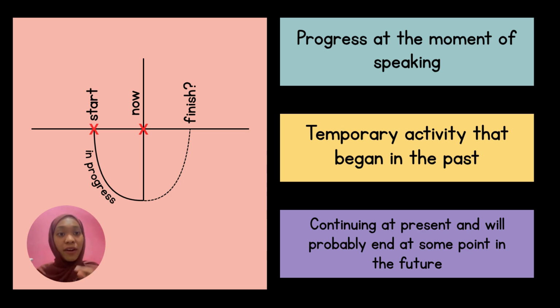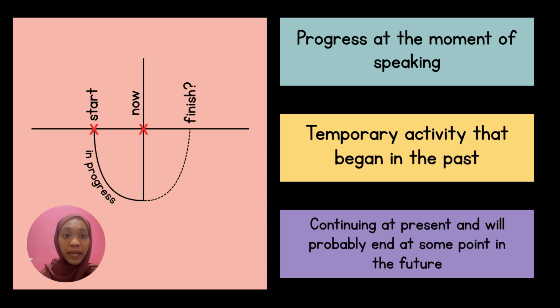Between these 2 points, there is a curved line going downward and then curving upward, showing that the action is in progress. The diagram shows an action that started before now and is still ongoing until now. The dotted line that goes slightly beyond now means that the action might continue a little longer, or we can expect it to end at some point in the future.